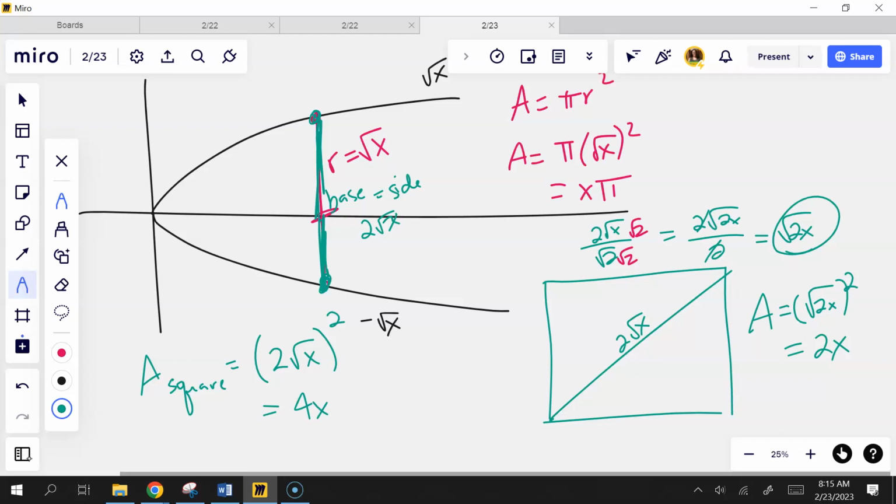Does that make sense? If you had left it this way and squared it, so 2 root x over square root of 2, if I squared this, I'd get 4x over 2, which is 2x, because the area of a square is side times side.